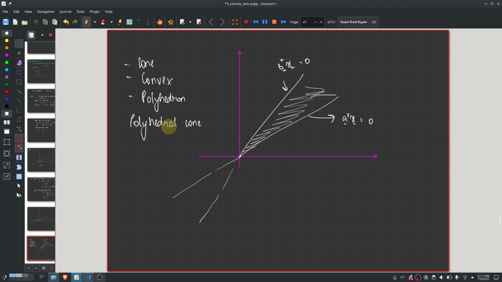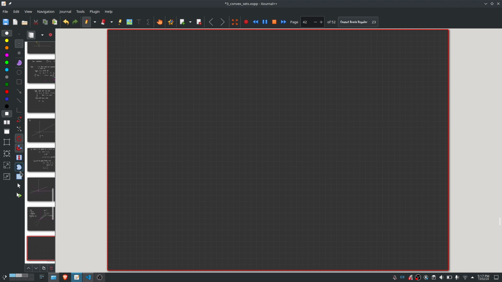Take the region such that the angle between the two lines is more than 180. Correct. So this would be an example of a non-convex cone.